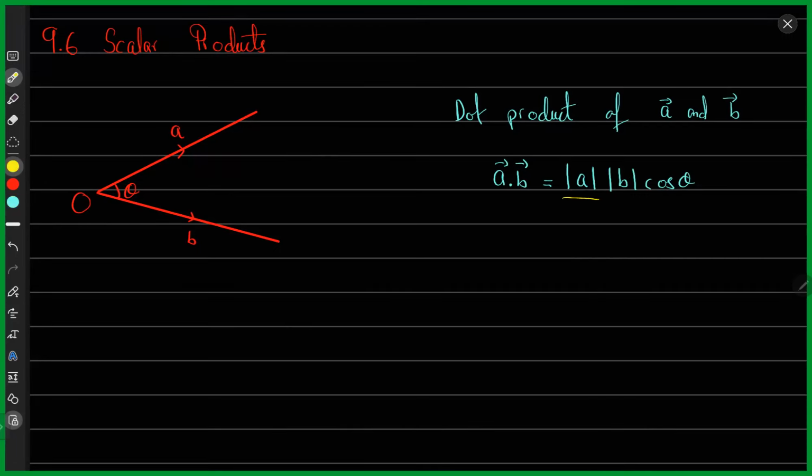This is basically the magnitude of A, and then obviously this one is the magnitude of B, and this is the angle between the two lines or two vectors. So this is how we find out the dot product.